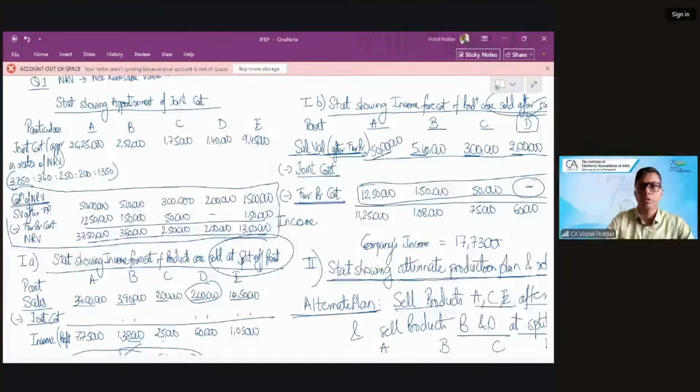Yes, Shamli. Okay, Kuldeep, you can find out the ratio in percentage also. That is fine from my side.